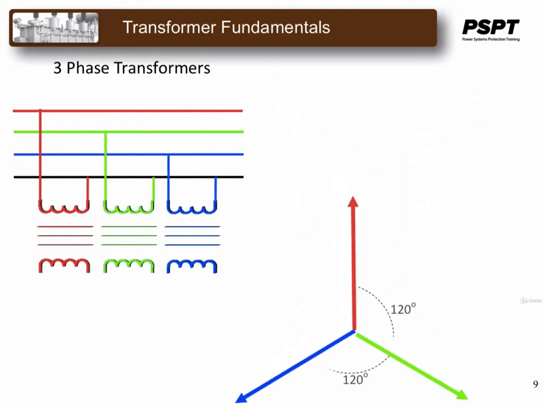They may also share the same core, but they may be considered individually. Here they are energized by three voltage phasors that are out of phase by 120 degrees, but are joined at one point or neutral, and the phasors are considered rotating in a counterclockwise direction.